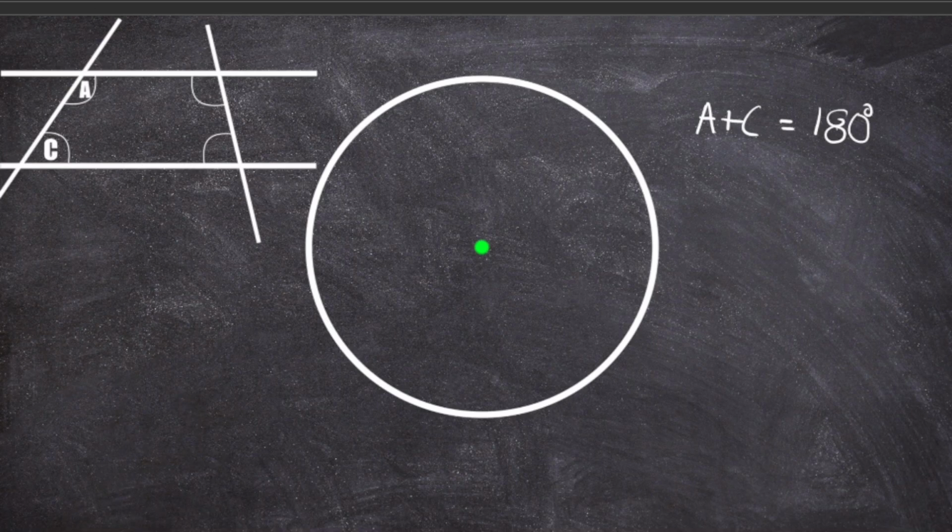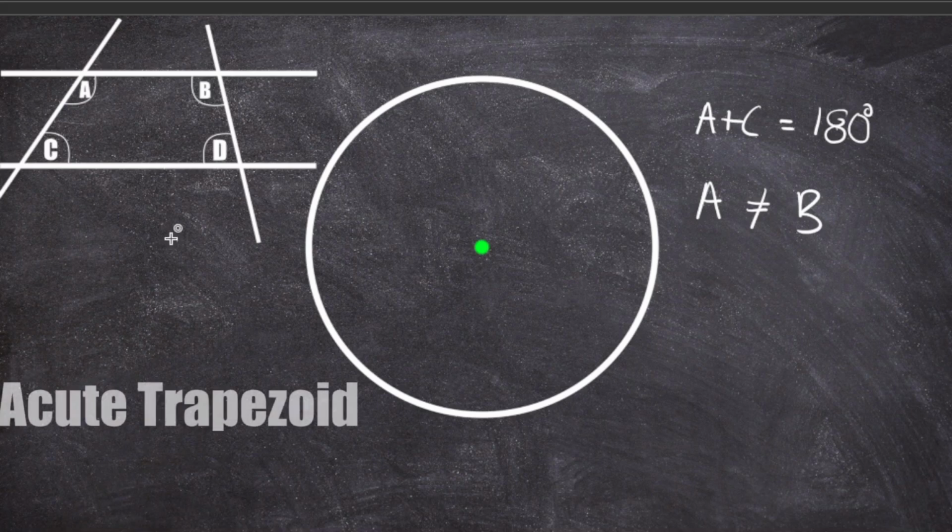Let's label the top angle B and the bottom angle D. The right hand side is not a reflection of the left hand side, so the angles are different. A is not equal to B. By the way, this shape is called an acute trapezoid, and that's because both of the longer base angles are acute. C is less than 90 and D is less than 90 degrees.